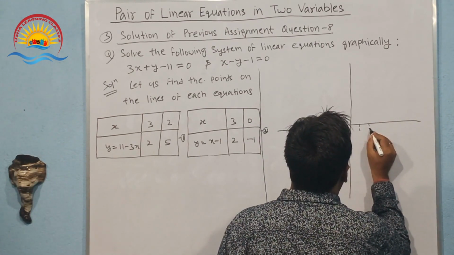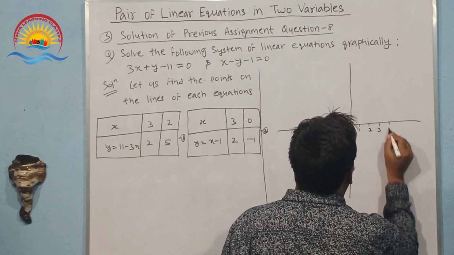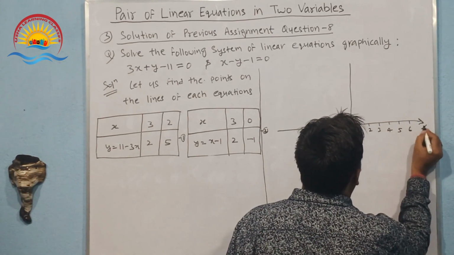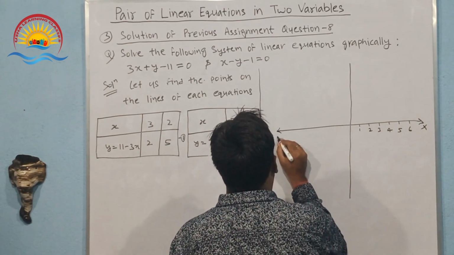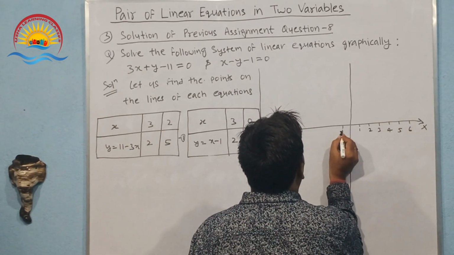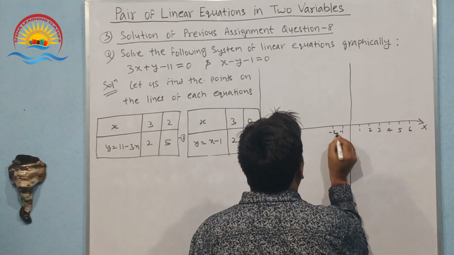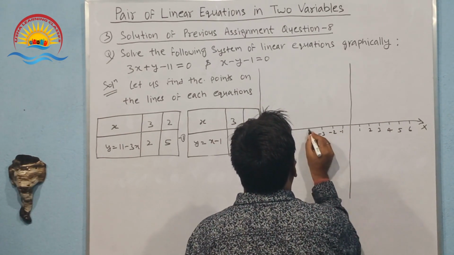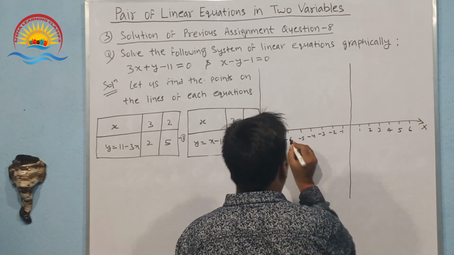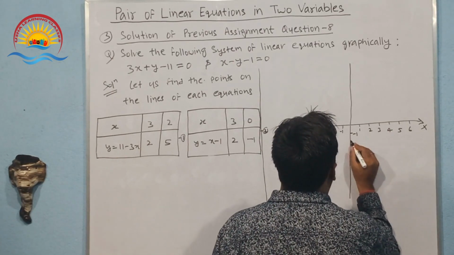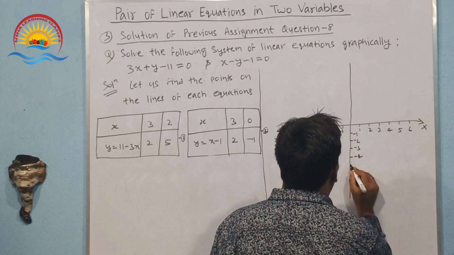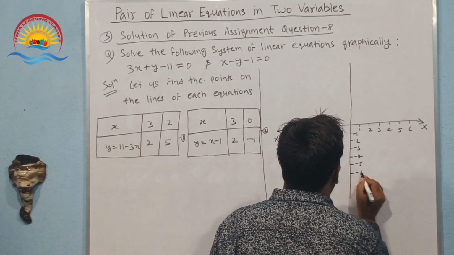1 2 3 4 5 6. This is x-axis. 1, -1, -2, -3, -4, -5, -6, and -1, -2, -3, -4, -5, -6, and so on.